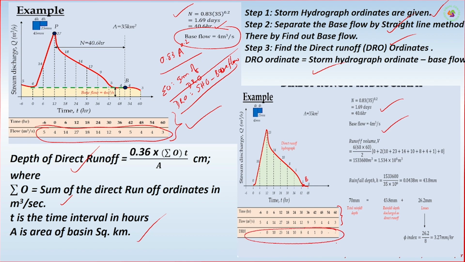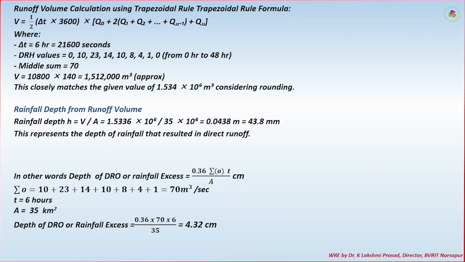Once direct runoff ordinates are obtained, you can find the depth of direct runoff. You can use this formula and straight away find the answer. That is what I have given here.